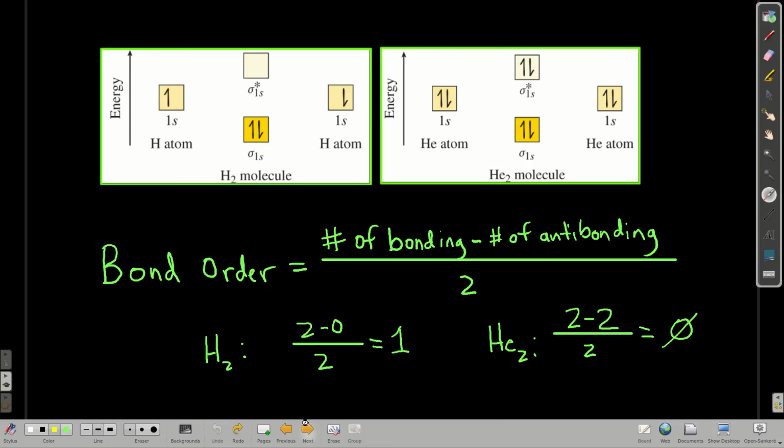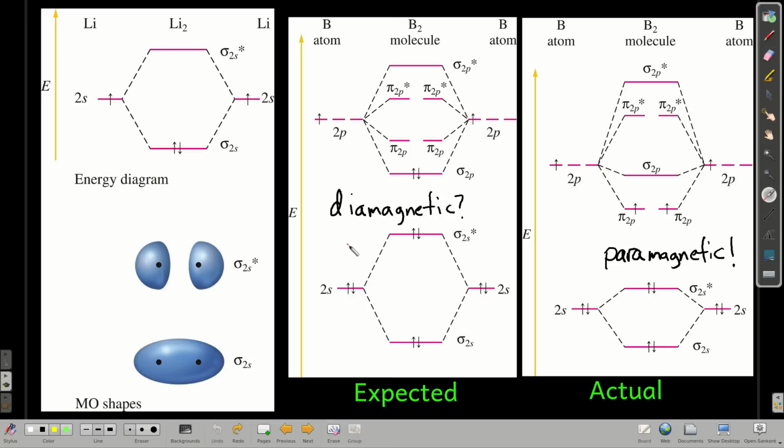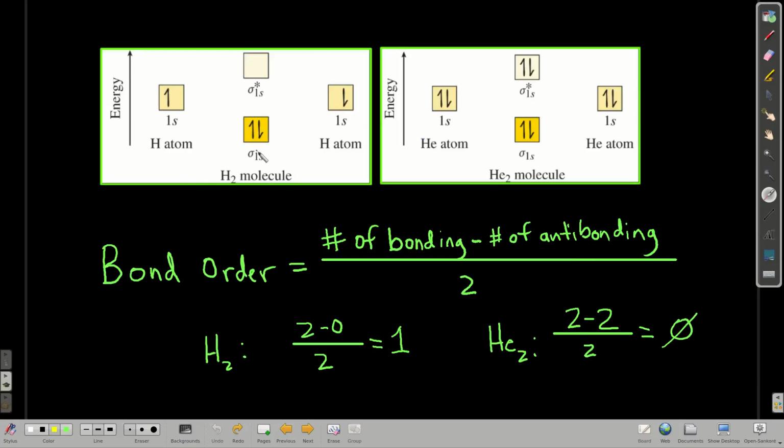That's real easy. Now, once we get past the first row of the periodic table, we're not going to go past the second row, by the way. Get into the second row with lithium. We still have the 1s electrons. They're not valence electrons anymore, so we don't really write them down. We still have the sigma 1s and the sigma star 1s down here, but they're both full, and effectively they cancel each other out, so we don't even bother writing them.